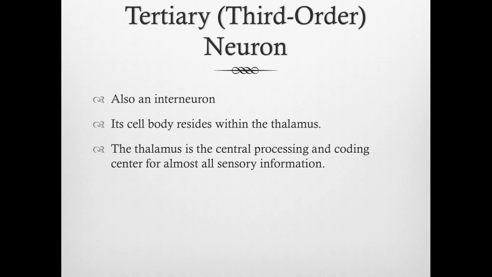And the thalamus is that central processing and coding center for almost all sensory information. And it's at this point where the ultimate decision is going to be made as to whether this is going to be sent up into the cerebral cortex or it's going to be terminated here because it does not need to be conscious. We don't need to consciously think of this particular set of stimuli.